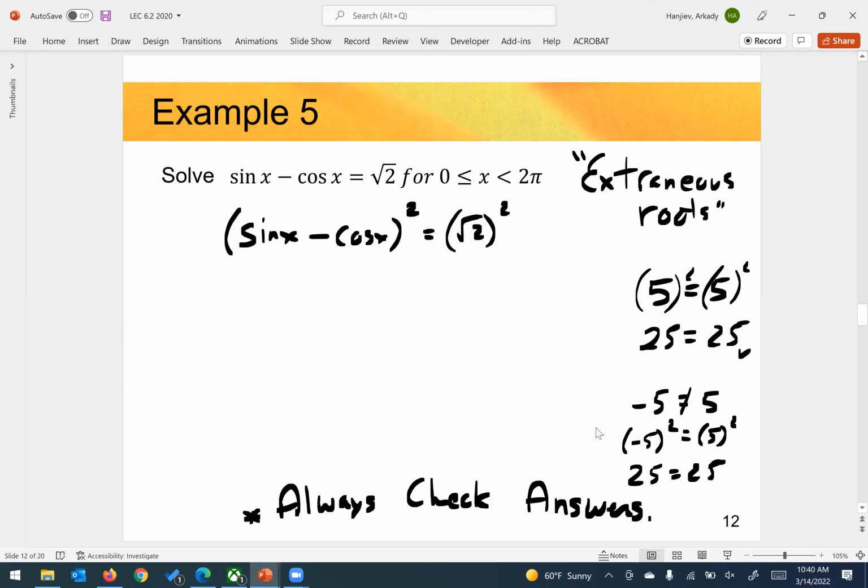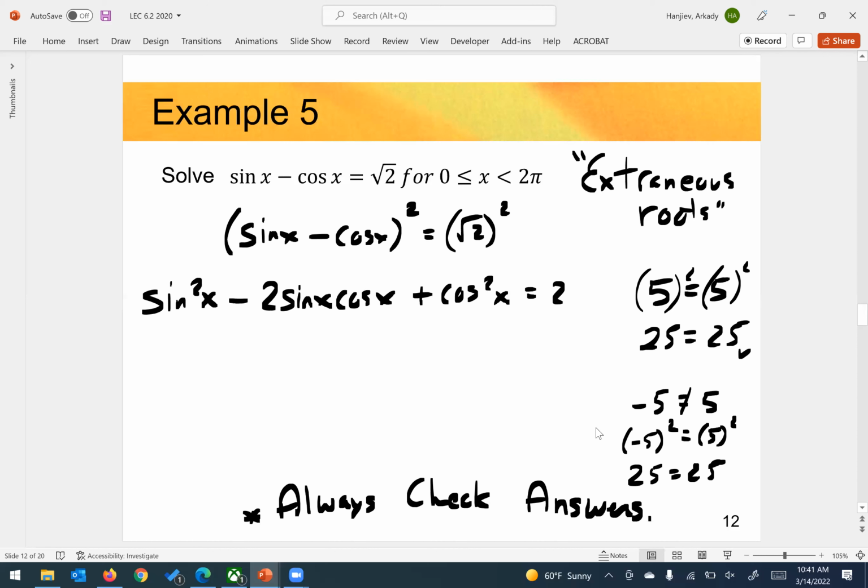Okay, can you guys help me out here though? If we were to square both sides here, I think we're going to get this. Plus cosine squared? We have 1 minus 2 sine x.